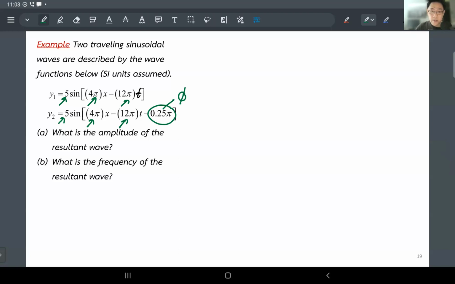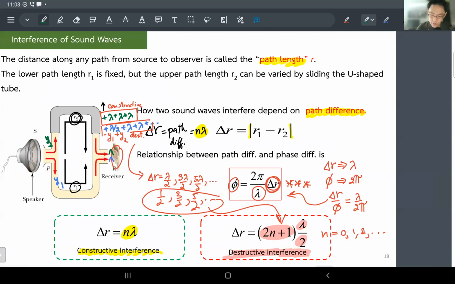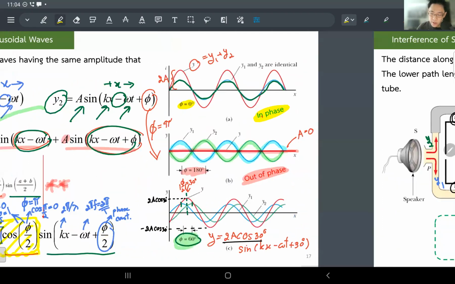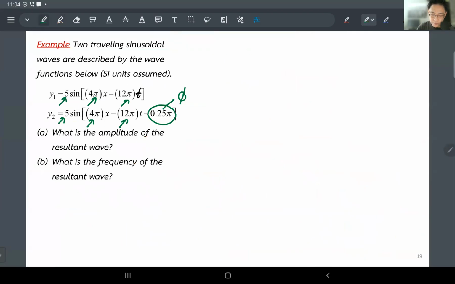Okay, cool. So with this, these things are good. Then all you can do is go back and take this and use it. We know the parameter that shows up in the front. Let me highlight it one more time right here. That would be your amplitude, which is 2A cosine(phi over 2). You can just use it here. There you go. So the resultant wave amplitude is going to be 2A cosine(phi over 2).